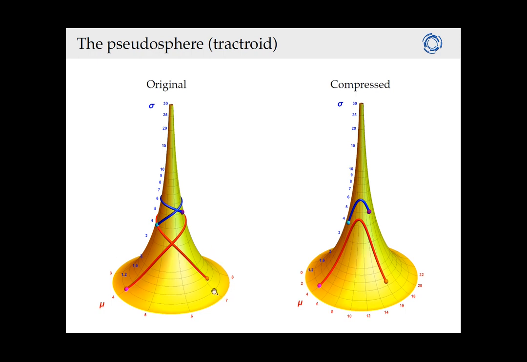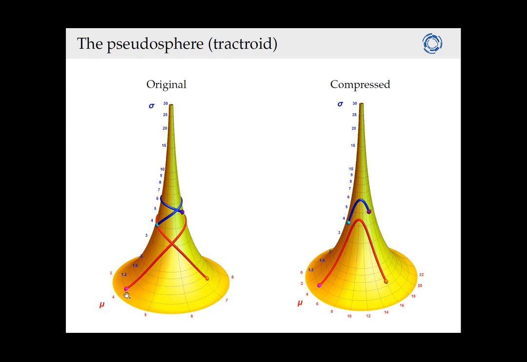You also see immediately, of course, that another limitation of the model is that it is periodic in the direction of the mean, and the standard deviation goes from a value of 1, so you cannot go to lower standard deviation. Hence it's only a partial representation of the hyperbolic plane, and standard deviation goes up in this direction.